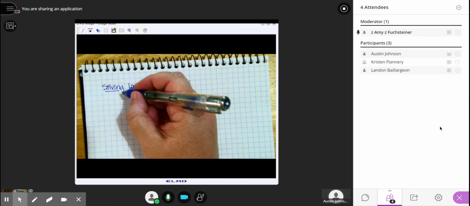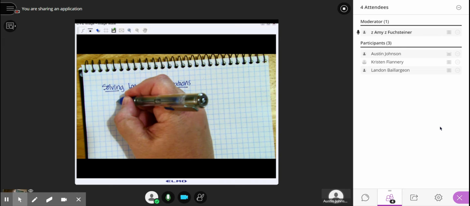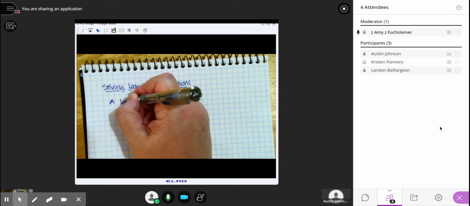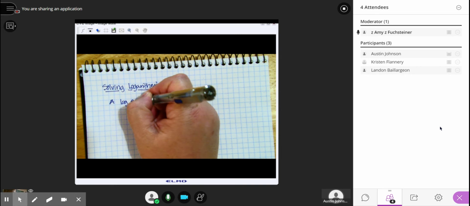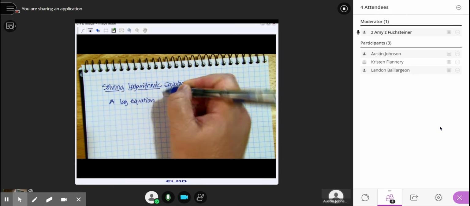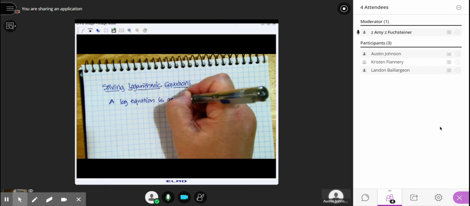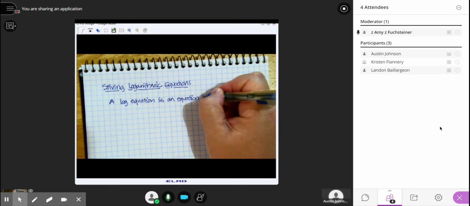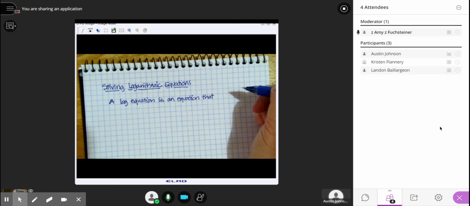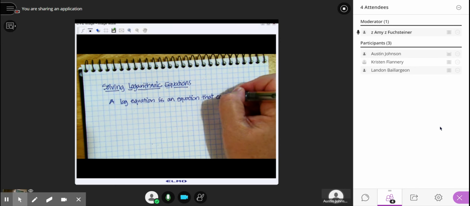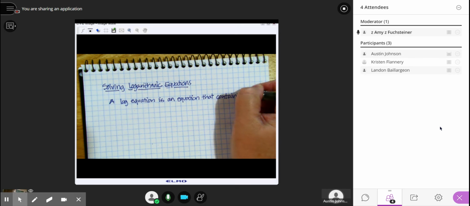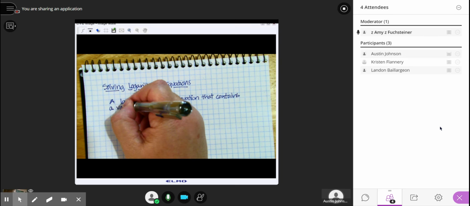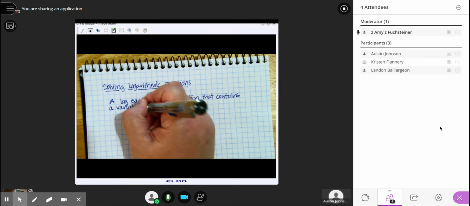Okay. So a logarithmic equation is one that is an equation that contains a log, or a variable in the log.